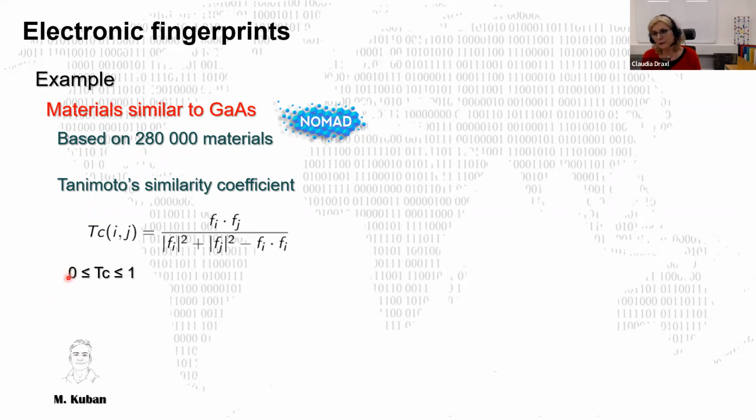If it's 0, they have nothing to do with each other. If it's 1, they are identical, and everything else is in between. I'd like to exemplify this with a simple example, gallium arsenide, which we have chosen as the reference material. Then we look up the density of states of 280,000 materials in NOMAD and look for which material is closest to gallium arsenide.